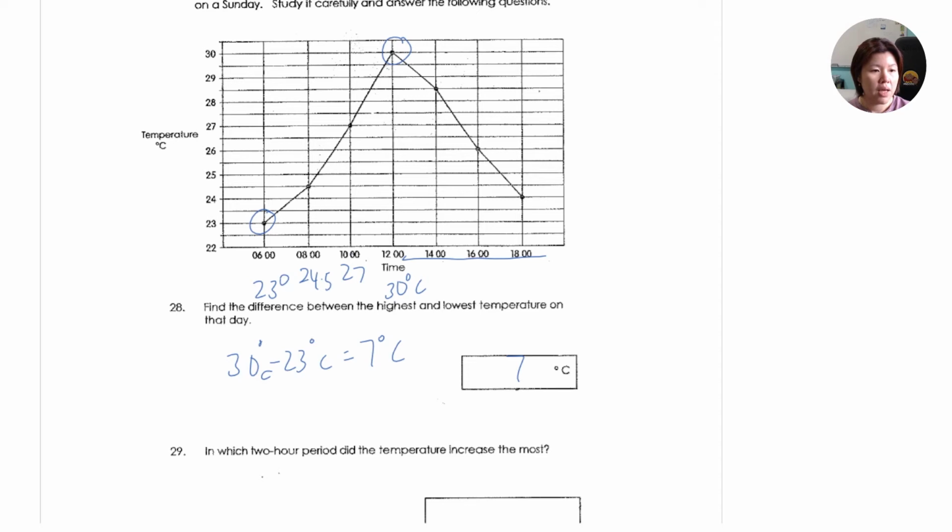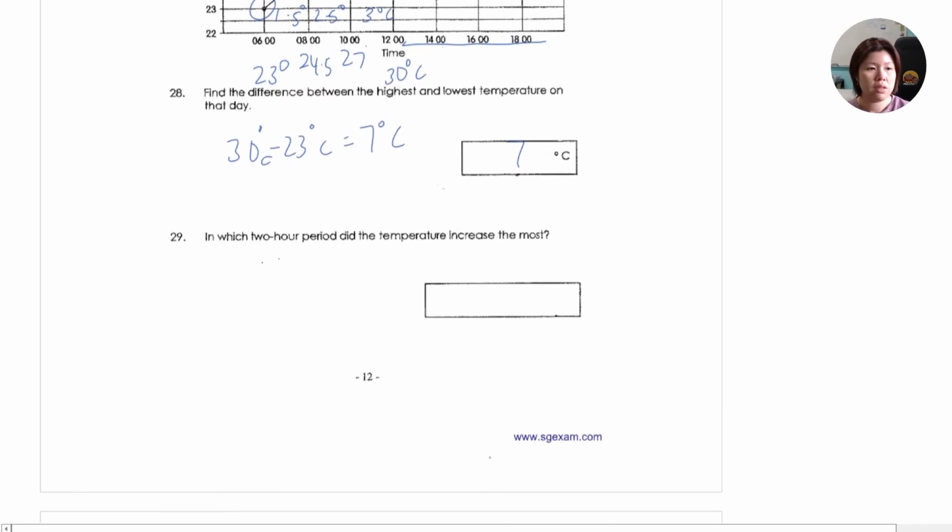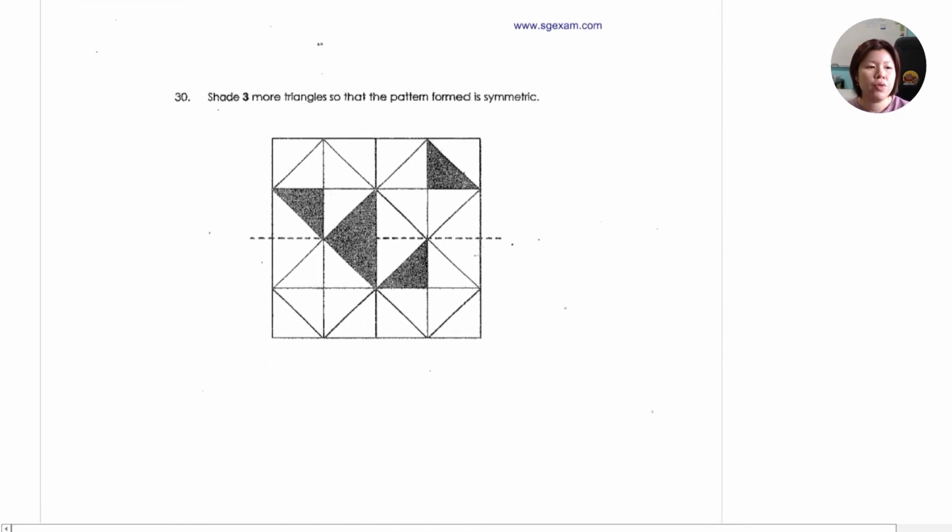From 10 to 12 is 3 degrees. From 8 to 10 is 2.5 degrees. And this is 1.5 degrees. So it's 10 to 12. Okay, let's move on.